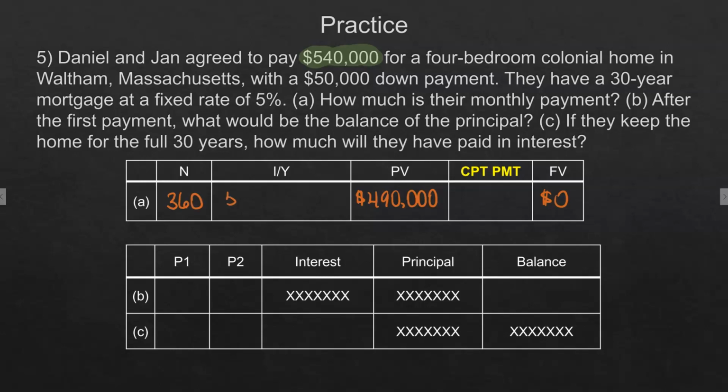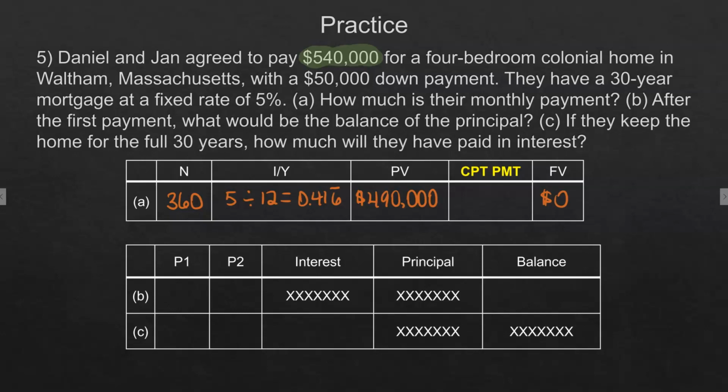Our rate is 5%, which is 0.416 repeating. For our interest rate, I'll double check that. 5 divided by 12. The 6 is repeating, so it goes all the way across your screen.